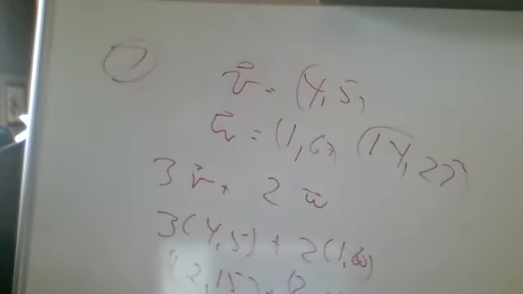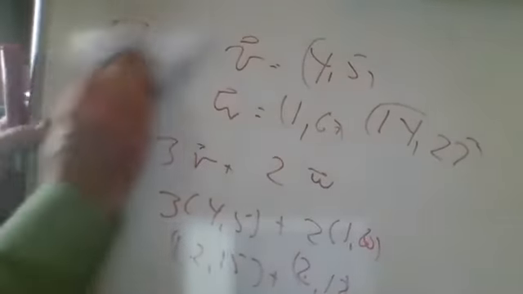Okay, number 8. Given 4 points A and B, and C and D, we want to find X if AB is parallel to CD.